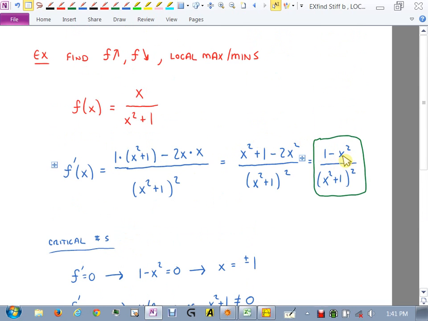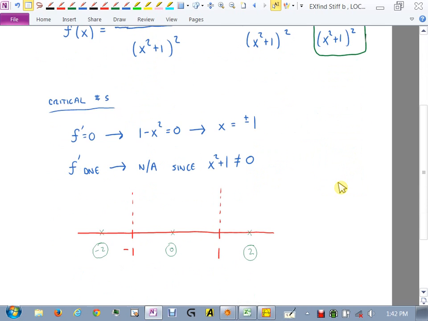What's -2 squared? +4. 1 minus 4? Negative, right? So the top is negative. What can you tell me about the bottom? Doesn't matter what I plug in, does it? It's positive. It's something squared plus 1, all of that squared. It's positive. So I have a negative over a positive, which is negative.